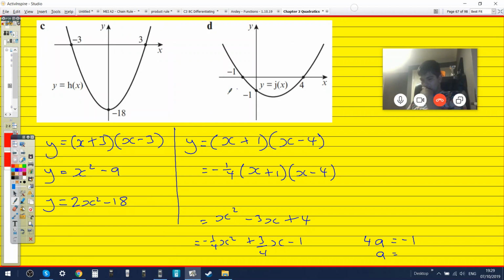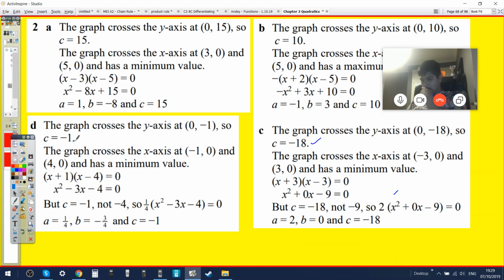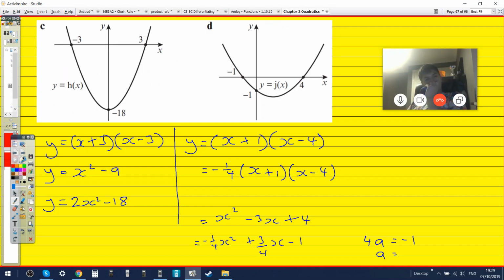No, that didn't work. Minus 1, the graph crosses there. So x plus 1, x minus 4. Sorry, that should be minus 4. So it's by plus a quarter. Everything's by plus a quarter, isn't it?